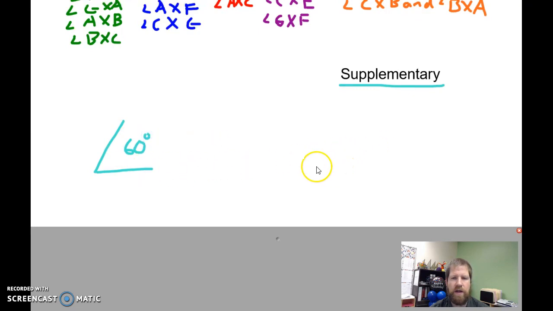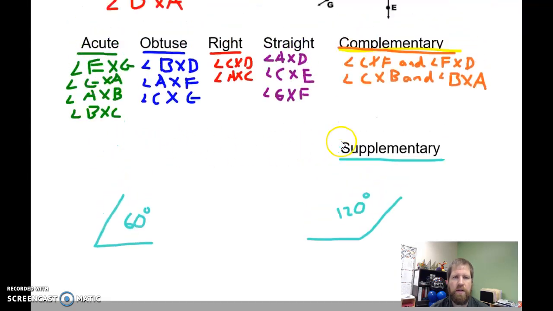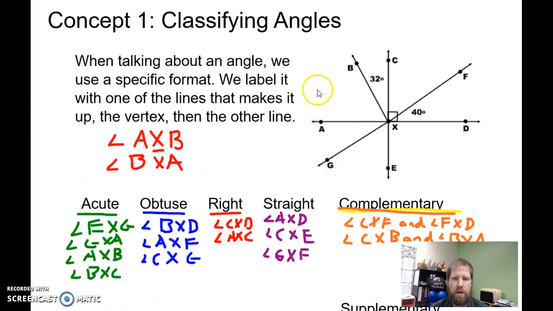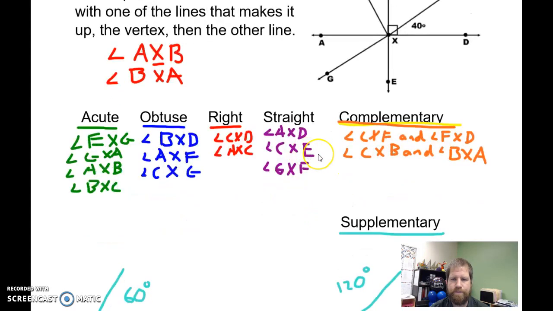And over here, I have an angle that is 120 degrees. Okay. These two angles are supplementary, because added together, their degree measures are going to equal 180 degrees. So these two angles are supplementary even though they're not next to each other. When you have a diagram like this, your supplementary or complementary angles will be next to each other. All right. Okay.